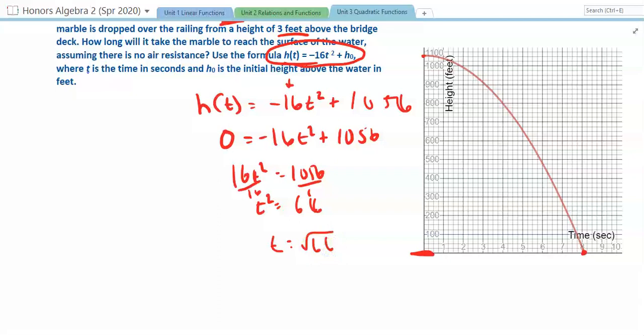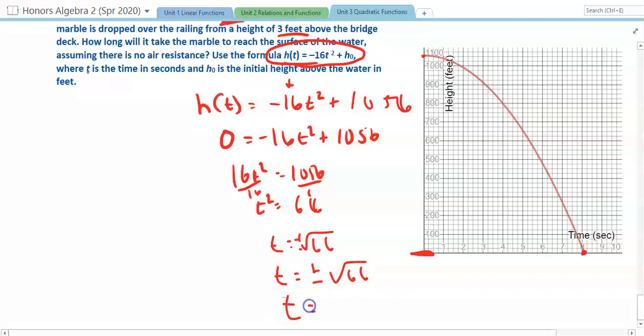The square root of 64 would be 8, so this is just above 8, and there's going to be a plus and minus in front of this, and we'll talk more about that in a later section. So positive or negative square root of 66, and so t is equal to 8.12. And so our time is 8.12 seconds that we're going to hit the bottom of this gorge.